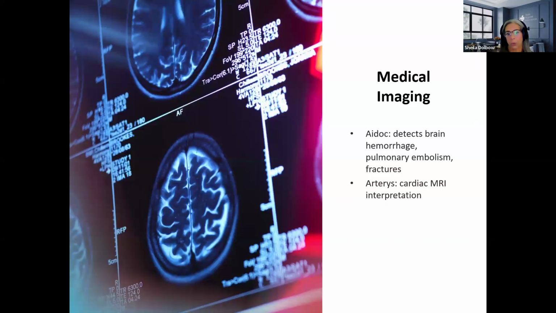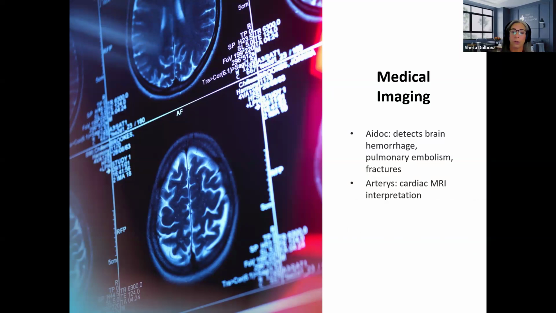Now, diagnostics, going back to some of our diagnostic tools, when it comes to medical imaging, AI helps to detect some of those brain hemorrhages, pulmonary embolisms, or fractures, and things like that on our scans and our studies. And it isn't necessarily that we're utilizing them solely for diagnostics. It may be a backup tool.